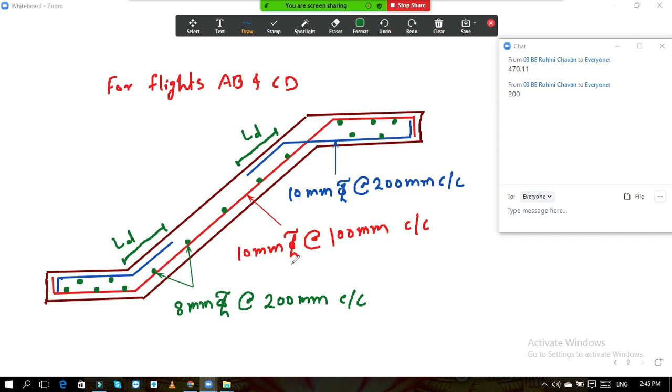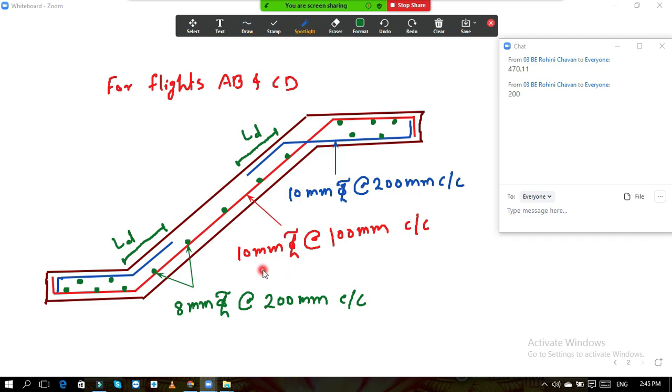And the same diagram you should draw for slab BC. The diagram is the same, only there may be a difference in the spacing. The bar diameter is also the same. Okay, so these are the flights A, B and CD. In a similar manner, you should draw it for BC. The same profile will be there, everything is the same.